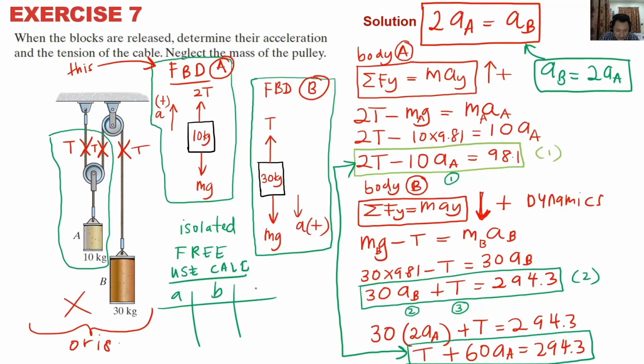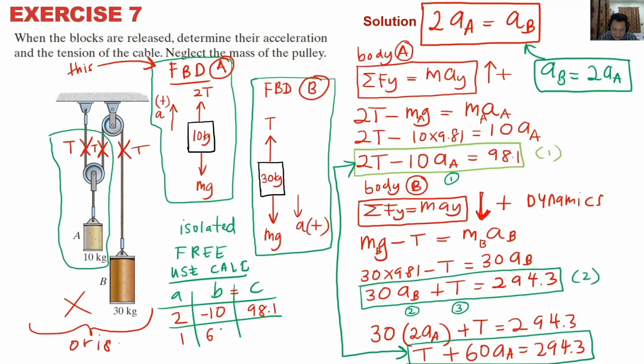A, B, C. Ini equal C. So, T dulu kan. Kena make sure betul lah. T depan, T depan. A depan, A depan. So, ini 2. Ini negatif 10. Ini 9.81. No. 98.1. Ini pula 1. Because T, right?